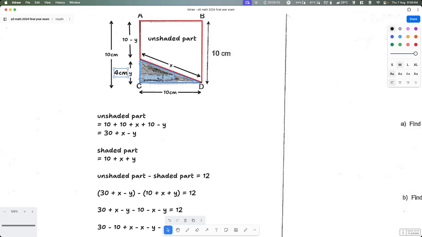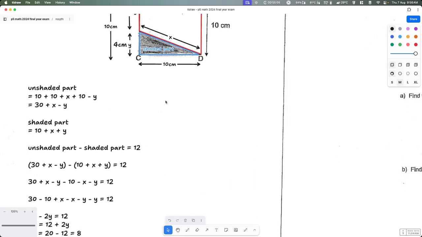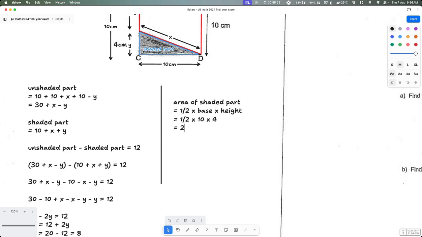Okay, so now we know the next part is the shaded part. Okay, so the area of the shaded part is equal to half times base times height. So the base is 10 and the height is 4. And in this case it is 20, right?